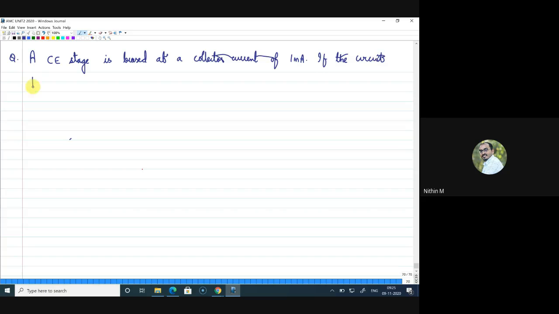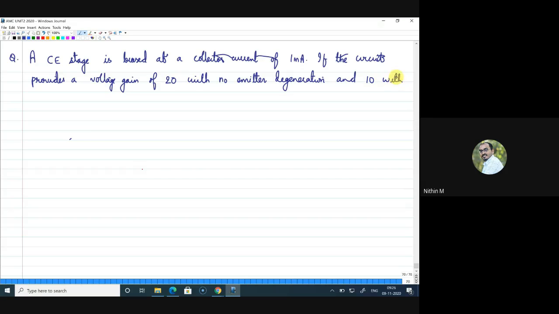The circuit provides a voltage gain of 20 with no emitter degeneration and 10 with degeneration.